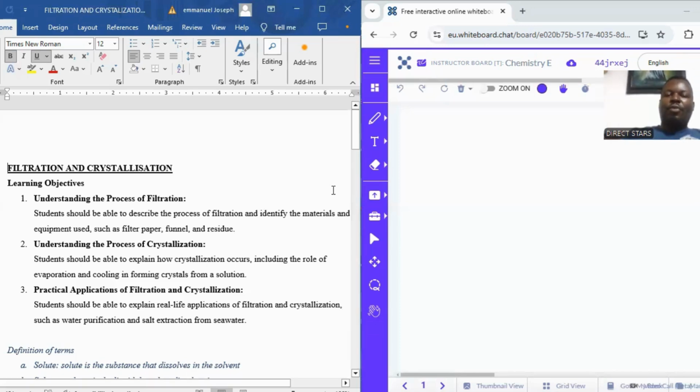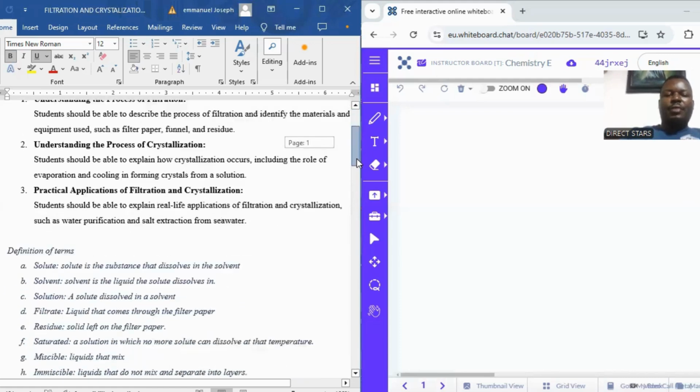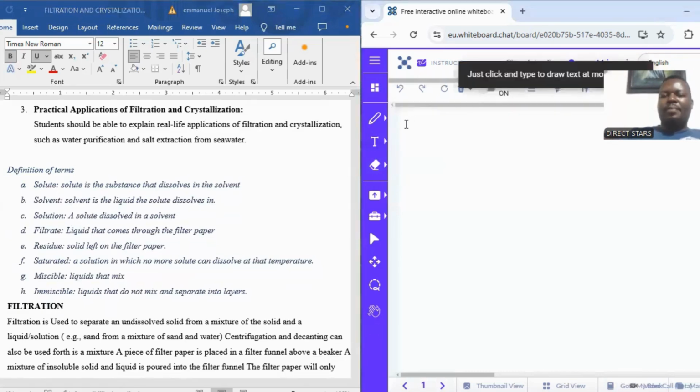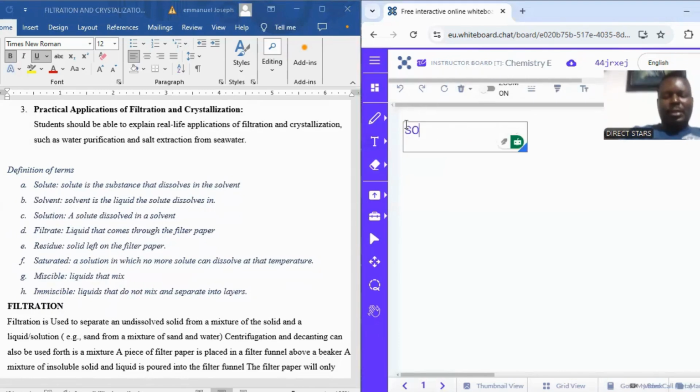Before we go on, the first thing we're going to do is to define the terminologies that are associated with these techniques. The first terminology we'll be looking at is solute. What is a solute? A solute is a substance, in most cases solid. It can also be liquid anyway.